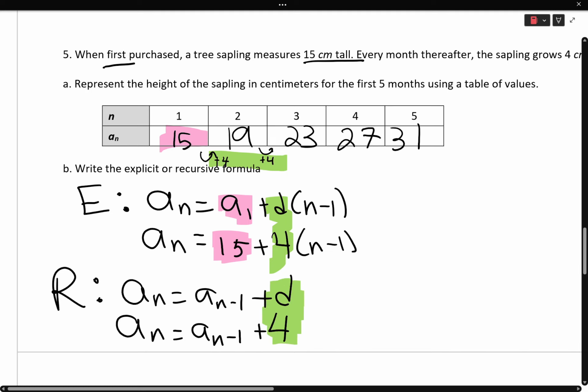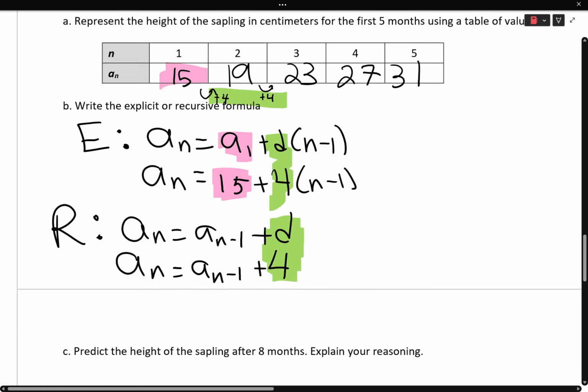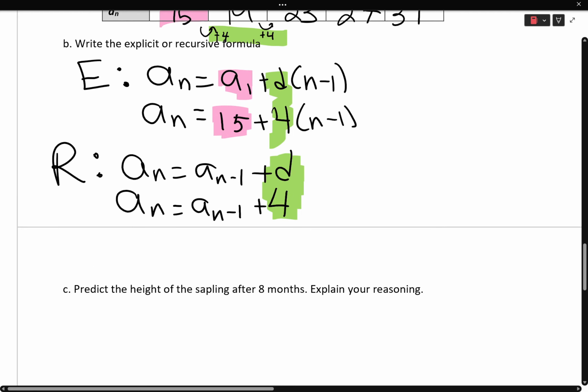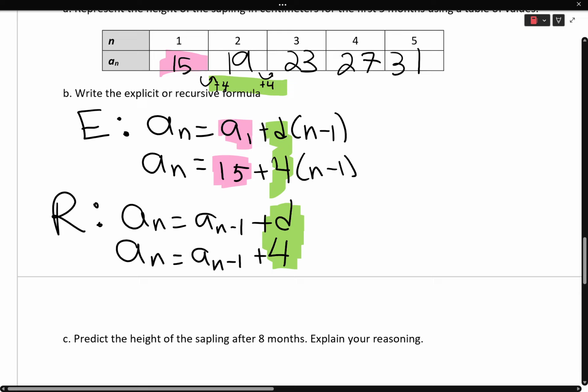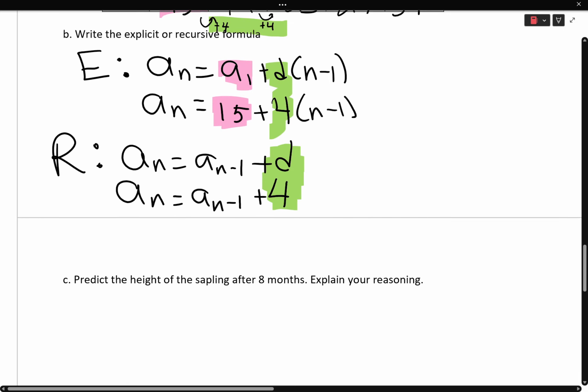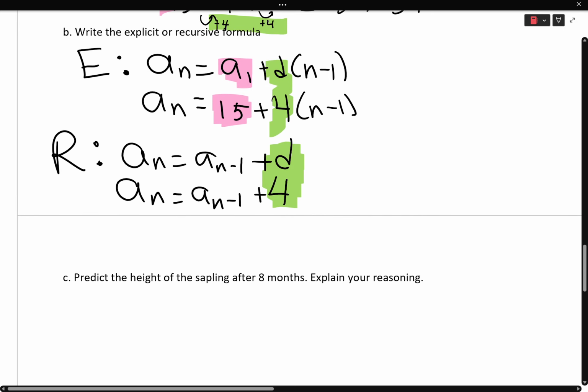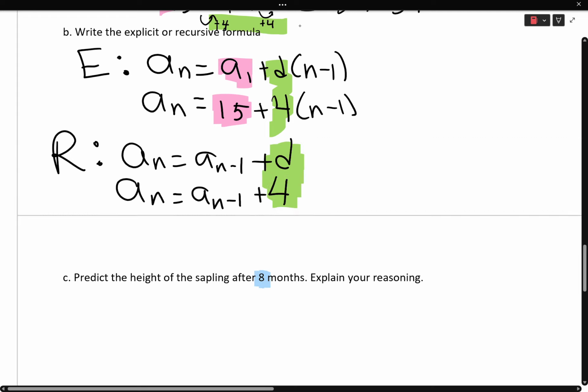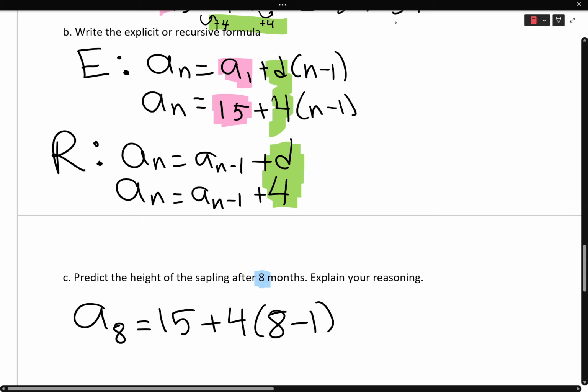Now the reason I prefer the explicit is for this next question. Predict the height of the sapling after 8 months. Well, I would have to keep counting by 4s for the table or for the recursive, or I can just use my explicit. Since I'm looking for 8 months, that's what I'm plugging in for n. So I'm looking for a_8 equals 15 plus 4 times (8 minus 1).